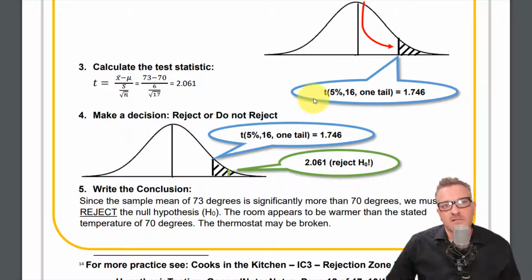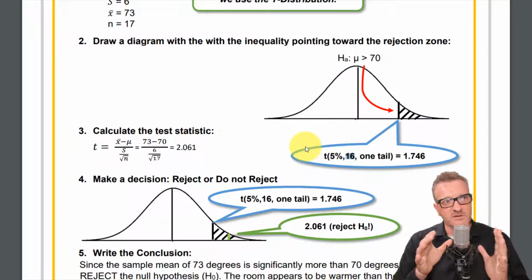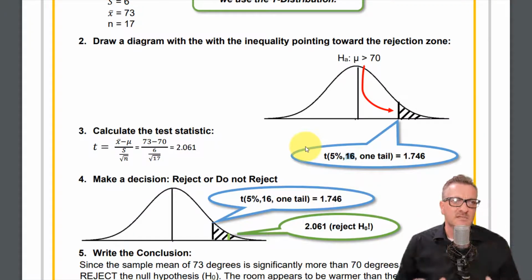And so let's take a look. We're going to look at the t-table now. So this is kind of how we can write this out so you can see what the parts are. In this case, we're using a 5% significance level and 16. So 16 is our degrees of freedom. And remember, I don't have it listed here, but your degrees of freedom, at this stage of the game, is n subtract 1.